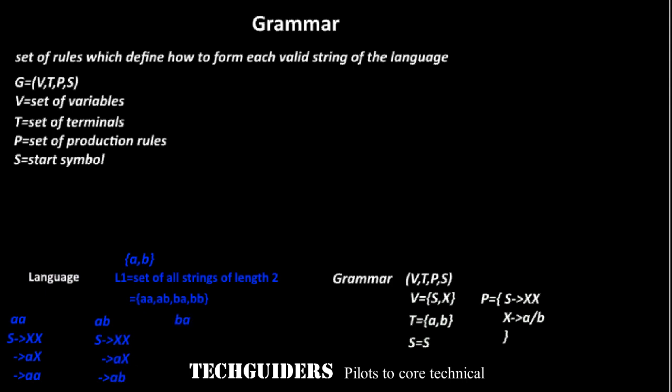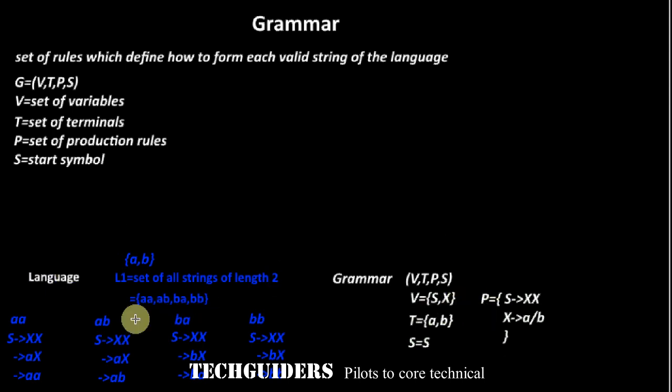Now to derive ba, start from the start symbol, S derives XX, replace X with b, then replace this X with a. Now to derive bb, S derives XX, replace X with b, then replace X with b. So we can derive all the four valid strings of this language using the grammar.